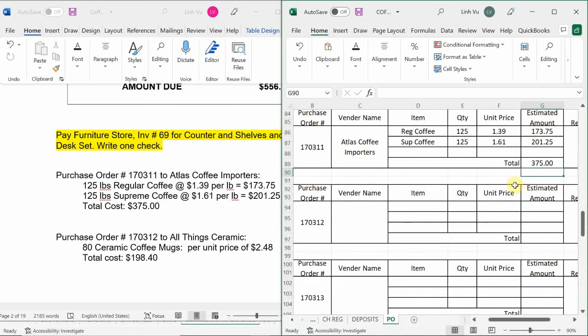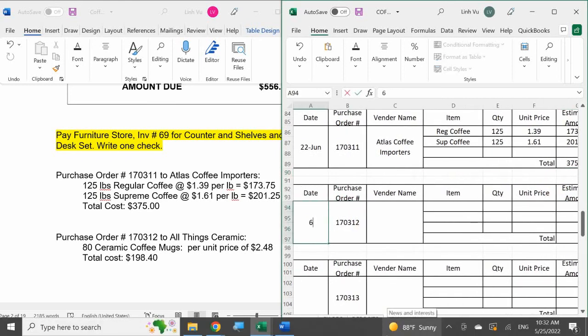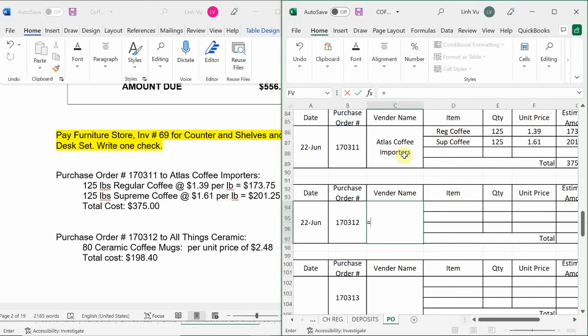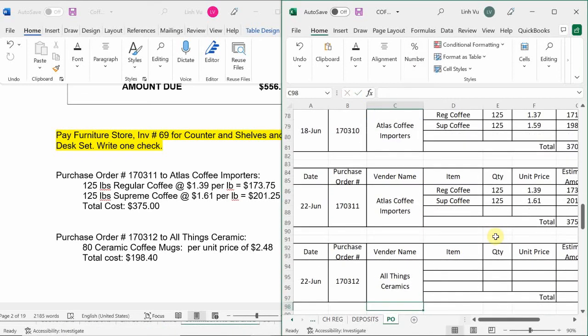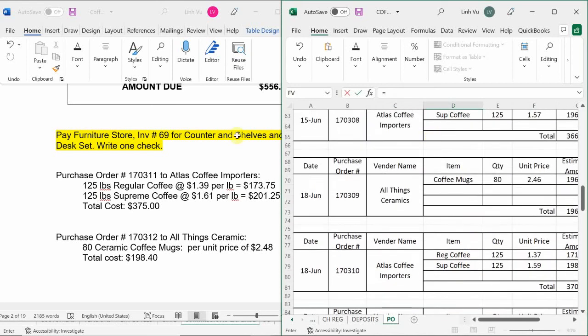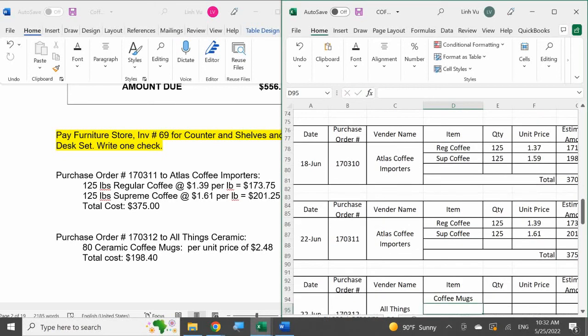And then we also need to add in our second purchase order here for All Things Ceramics. What did we buy? We purchased ceramic coffee mugs. How many did we buy? This time we bought 80.